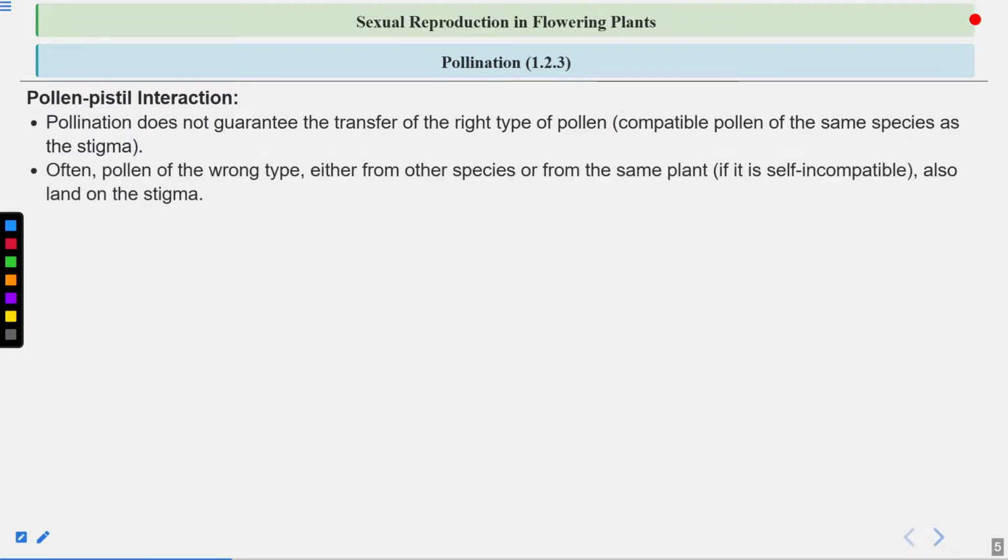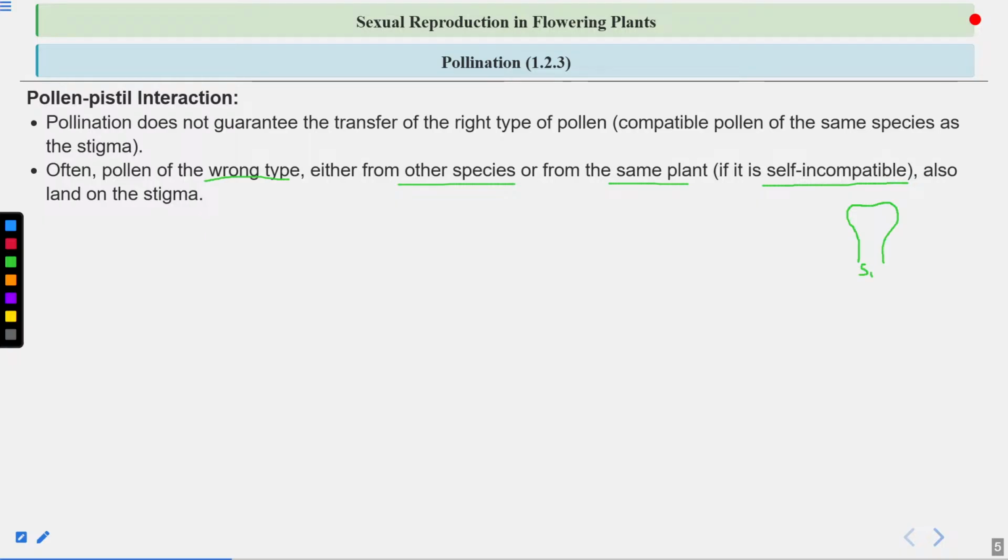Often the pollen is of the wrong type, either from other species or from the same plant, and it is self-incompatible. Suppose there is a stigma, and the stigma has a gene of S1 type.